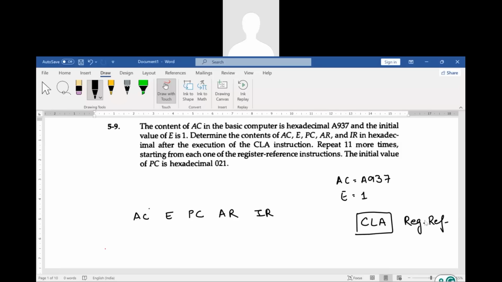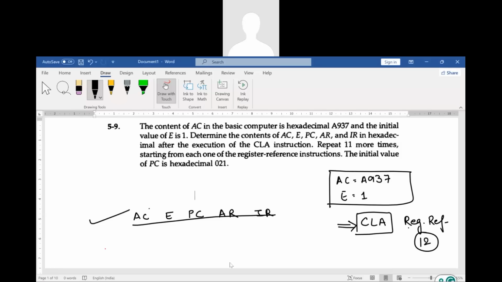The initial values are given to you. After execution of this register reference instruction, identify the values of these registers and flip-flops. Repeat 11 more times, starting from each one of the register reference instructions. We know that we have a total of 12 register reference instructions in our basic computer. Which are those?